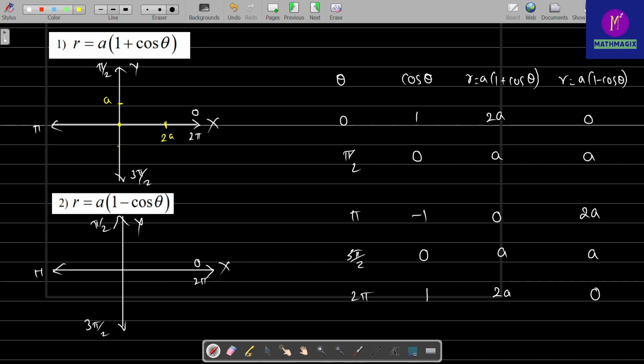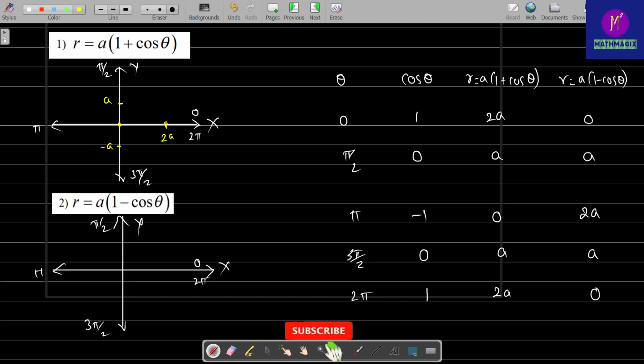Whenever angle is 3 pi by 2, radius is a again. As we are considering the radius is always positive, but this radius we are getting when angle is 3 pi by 2, so here will be the value a. Basically it is minus a, but the radius is a. Then again for 2 pi, the radius is 2a.